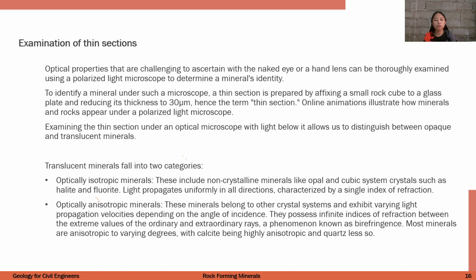So, para ma-figure out what mineral is using this microscope, we make something called a thin section. Ibig sabihin nito na we stick a small piece of rock sa isang glass plate and ginagrind ito until maging super thin, just 30 micrometers thick. That's why tinatawag itong thin section.